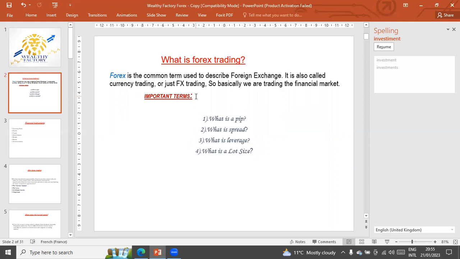I'll give you a very, very simple example. Let me say the CEO of Wealth Factory Forex, the founder of Wealth Factory Forex, is going to be traveling from Morocco to Zambia. So he will need a Zambian currency. He will need a local currency for him to be able to buy goods and to pay for some other services.